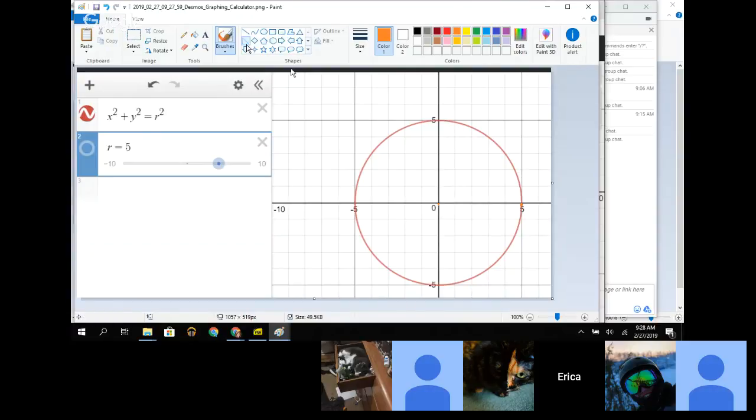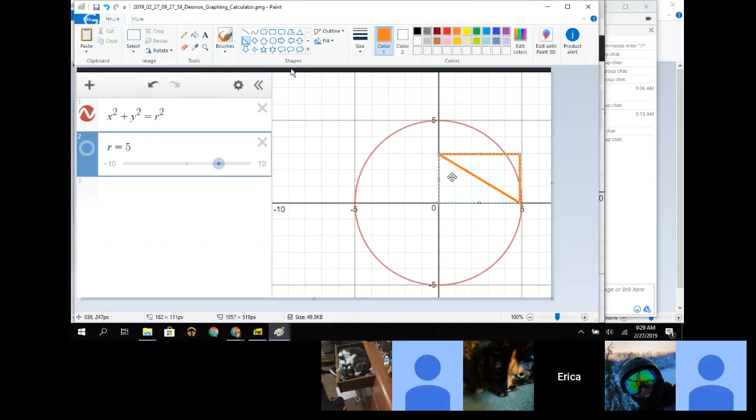But what if I went from here to, let me see if it'll let me flip it once I draw it. Can I flip it? Not going to let me do it.